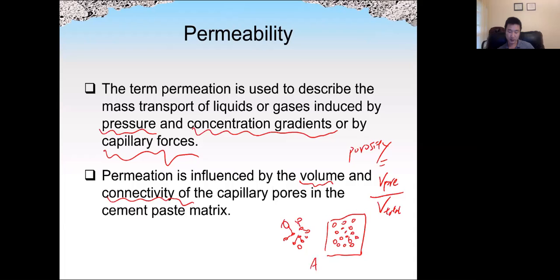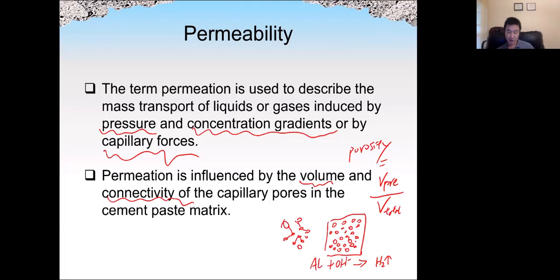We put in powder of aluminum, which reacts with hydroxide ions and generates hydrogen gas and other stuff. This hydrogen gas generates air bubbles, which reduce the density of the concrete. So we call that aerated concrete.